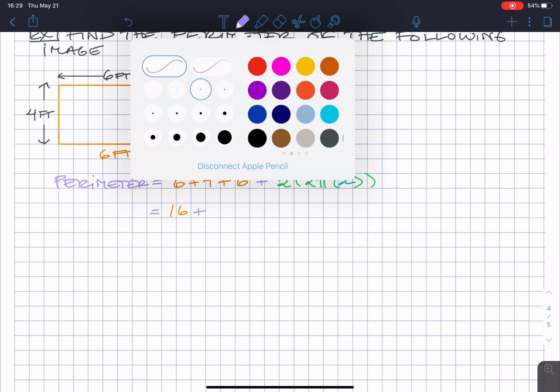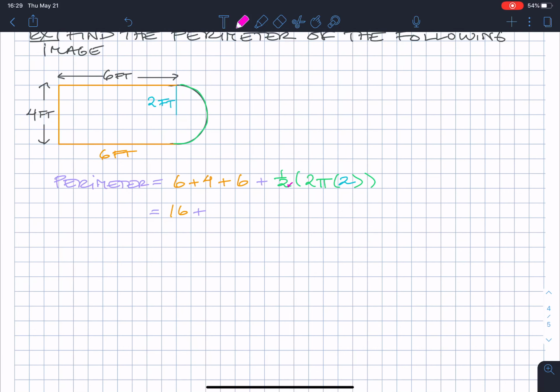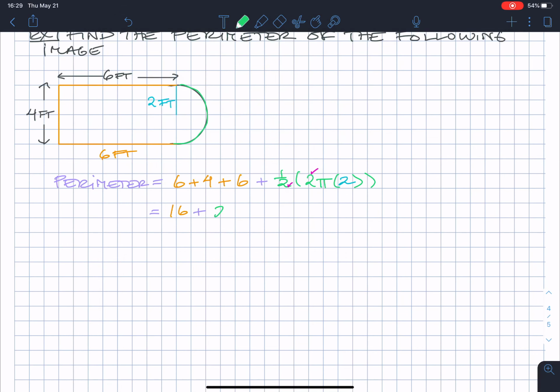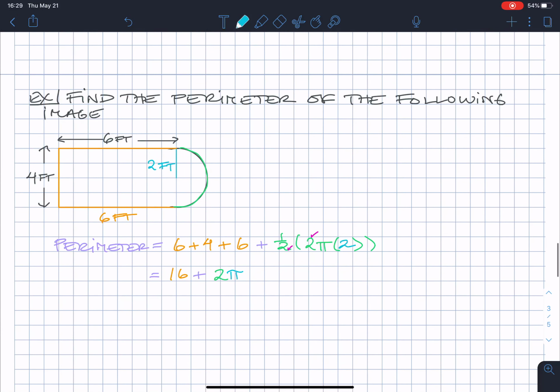Plus, well, what's nice is the 1/2 reduces with that, and I'm left with 2 times pi, and there we are. That is the perimeter of that object: 3 sides of a rectangle and 1/2 of the circumference of a circle. Okay, so hopefully this is making sense, and I will see you guys in the next section.